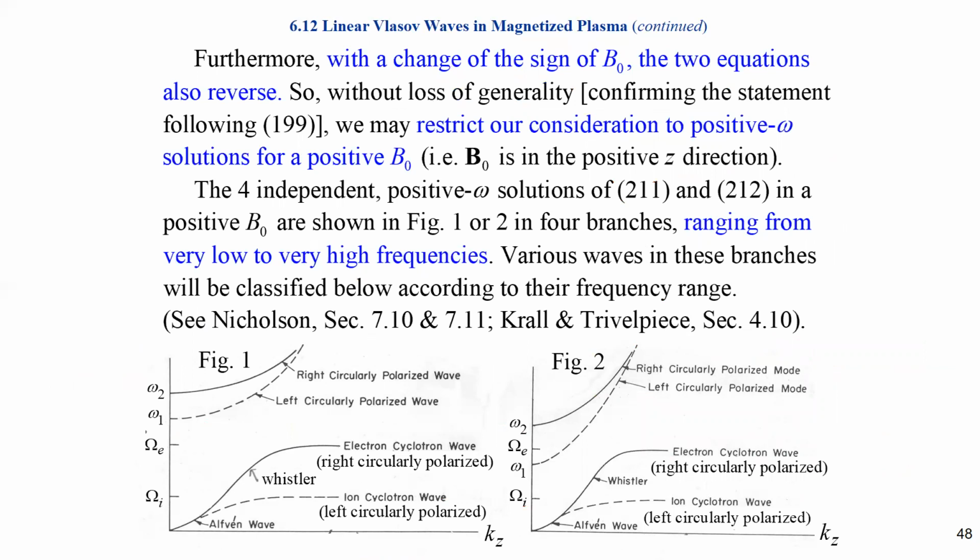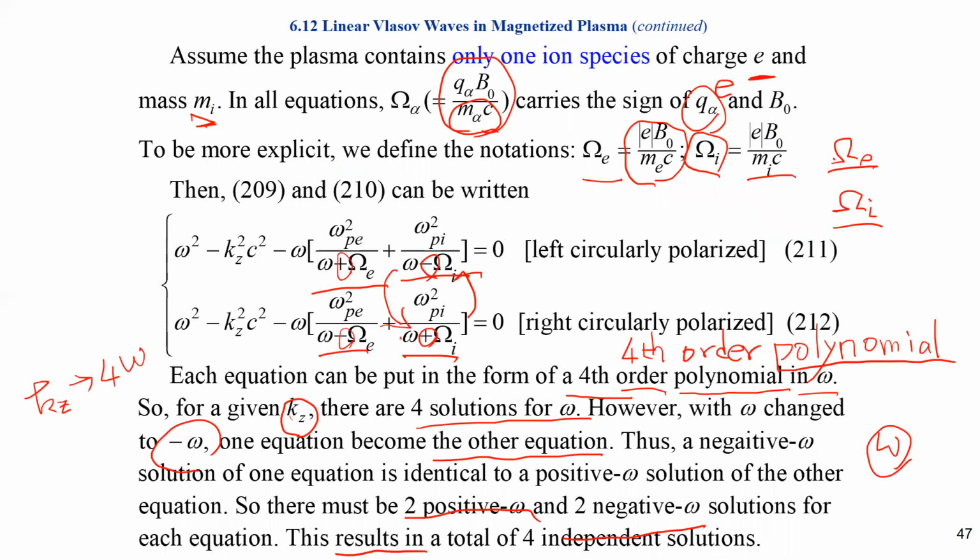Furthermore, with a change of the sign of B0, the 4 equations are also reversed. Okay, so go back to this one. When we change the magnetic field from positive to negative, it just means from positive Ez to negative Ez. B0 can be in the Z direction or the negative Z direction.